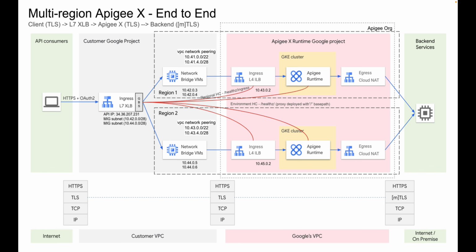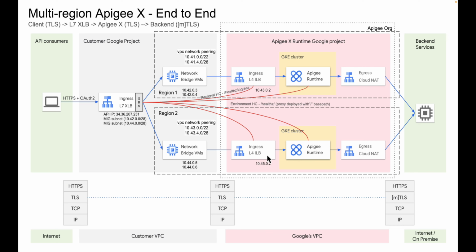In that case, health check is possible. That's something extremely important. The different instances here can be health checked, which means that if an Apigee X runtime in one region crashes, as an example, the health check will detect that this runtime is not accessible anymore, and all the traffic will go through the other region in order to assure high availability in this case.